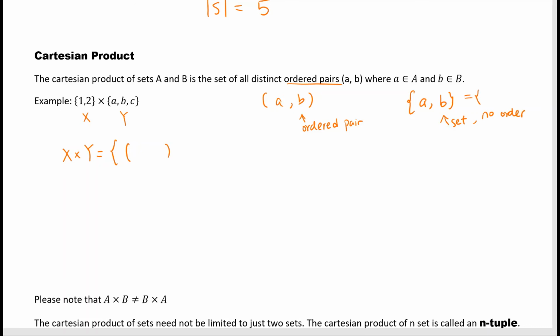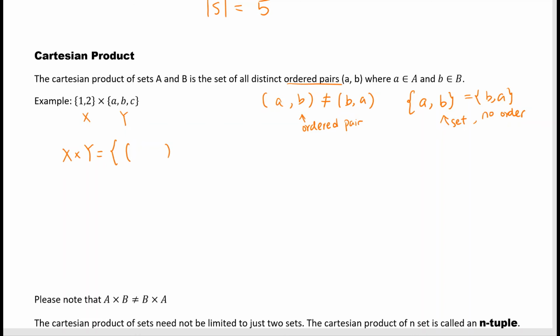So {a, b} and {b, a} are the same set, while for ordered pairs, (a, b) and (b, a) are different points, different objects. Okay?